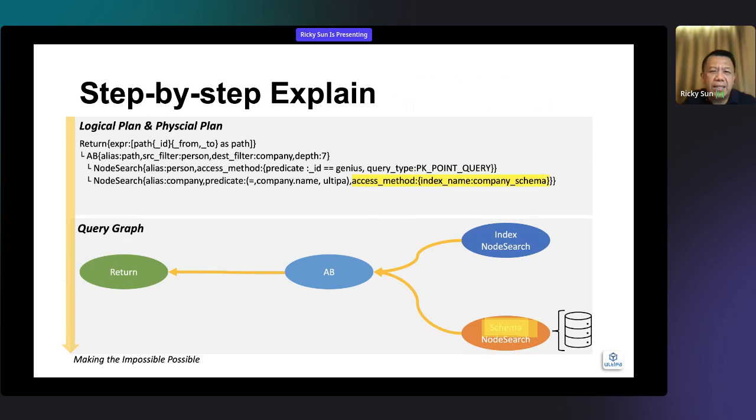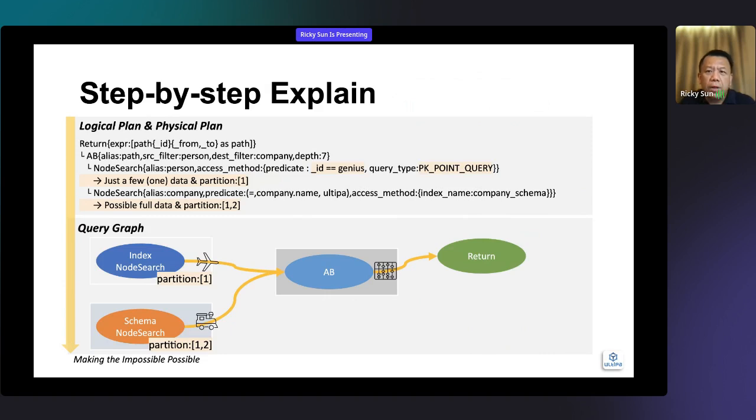And the second, we're jumping to the second. The second is schema based. So the access method is actually, we're using schema here, which is comparable, but more, I would say, more organized, right? So this is not exactly index, this is schema.